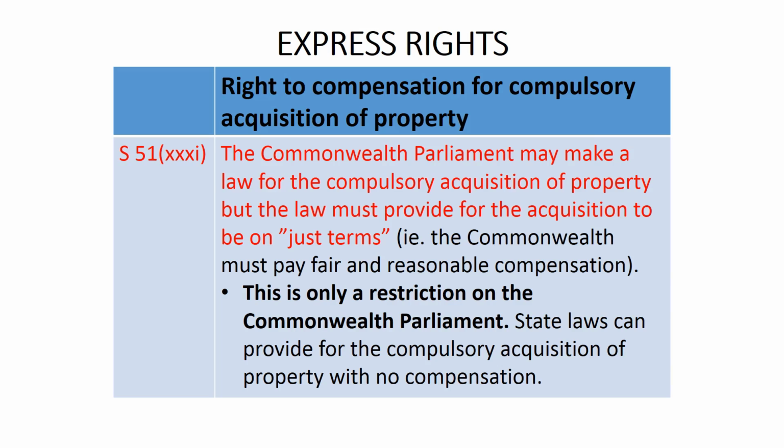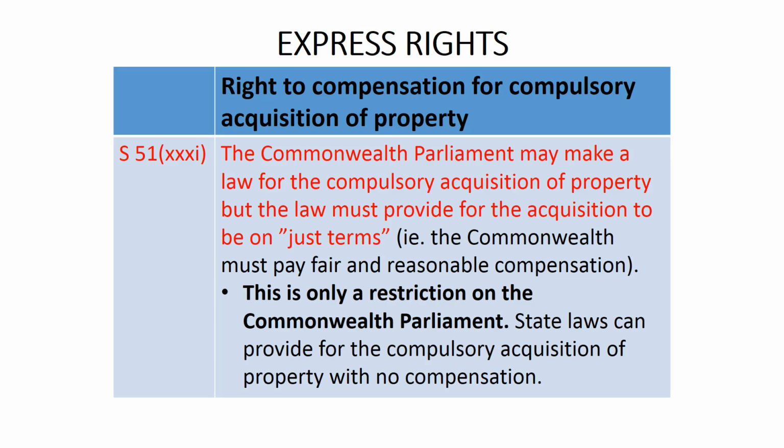Now, section 51(31) of the Constitution states that the Commonwealth Parliament can make a law for the compulsory acquisition of property. However, if the Parliament makes such a law, then that law must also provide for the acquisition to be on just terms. That is, that law must also provide for the Commonwealth to pay fair and reasonable compensation to the owners of that property.